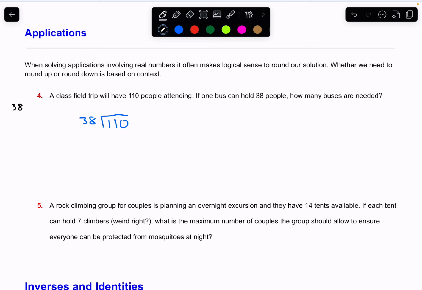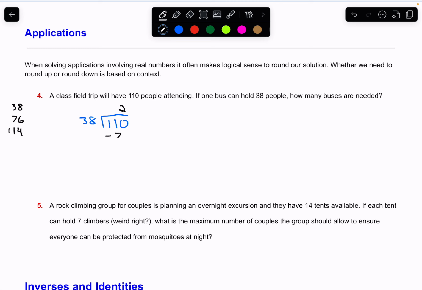So 38 is obviously 38 times 1. And then if I double it, okay, I'm going to get to 76. And then if I do 38 times 3, let's see, we're going to get 90 plus 24 is 114. All right, and notice that 114 is already bigger than 110. Okay, so we can only fit 2 38s into 110.